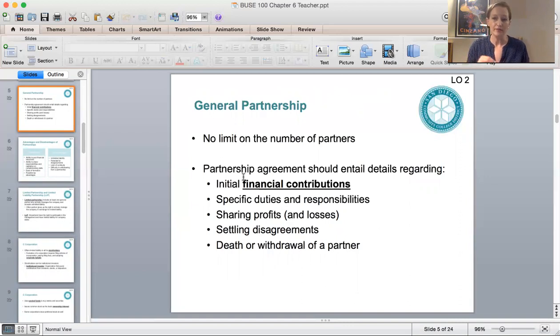Although, if you were to form a verbal partnership, there could be legitimacy as well. However, I highly recommend that you draw up a well-written, fully executed partnership agreement so that you can minimize the probability of any misunderstandings in that partnership.